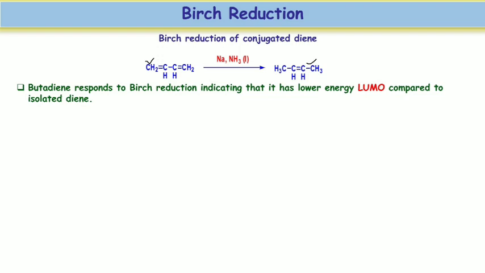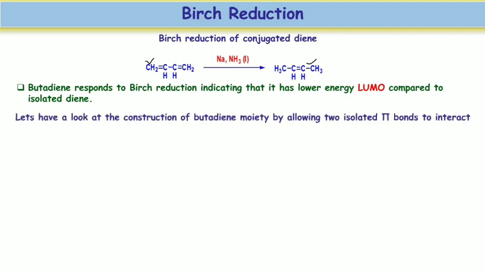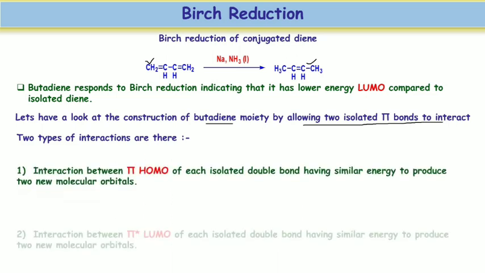I have already said that those molecules will undergo Birch reduction which have a low-lying pi star orbital compared to ethylene. So let us discuss why butadiene has a low-lying pi star. For that purpose, we will construct the butadiene moiety by allowing 2 pi bonds to interact, right? So 2 types of interactions are there, and let us discuss in the MO picture.